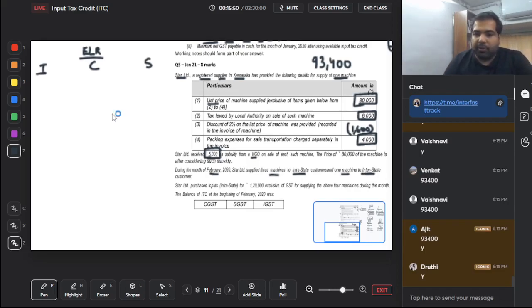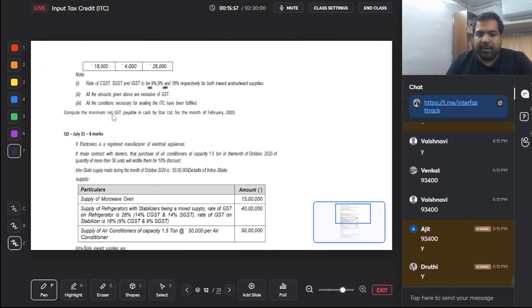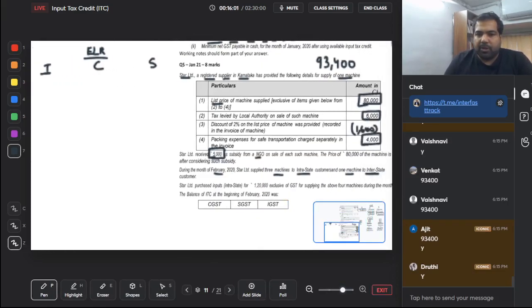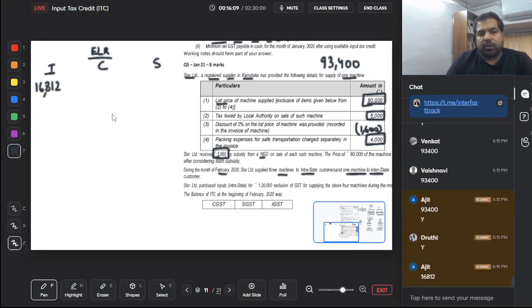So 93,400. What is the rate, guys? We don't know the rate. Let's check the rate on the machine. The rate on the machine is 18%. So interstate only 1 machine. So 93,400 into 18% is 16,812. This is what you'll have to pay.